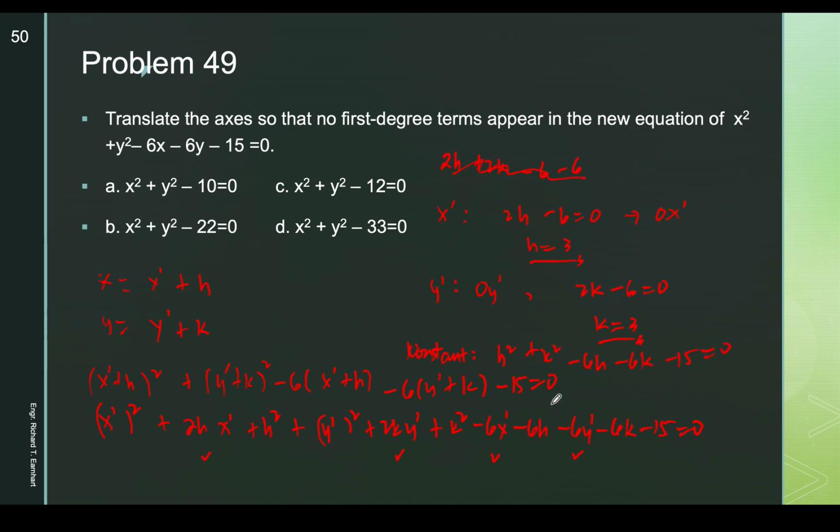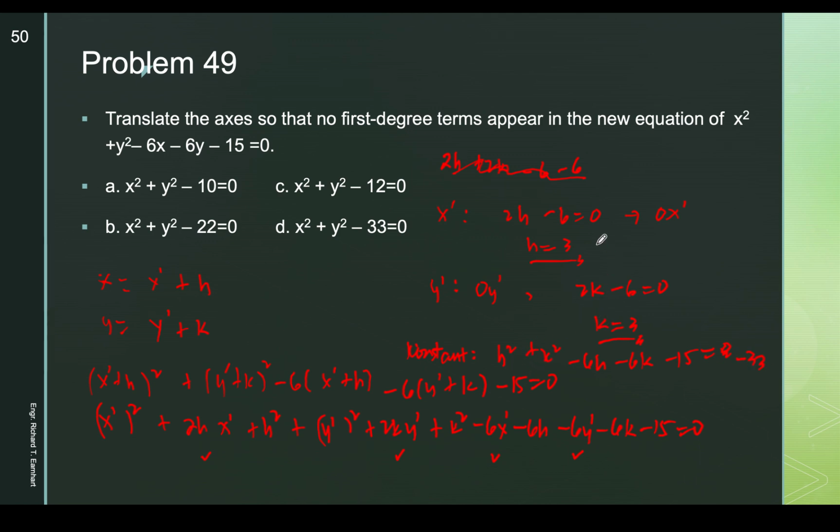So just substitute 3 for h and k. So we have 3 squared plus 3 squared minus 6 times 3 minus 6 times 3 minus 15, and the constant is equal to negative 33, no?